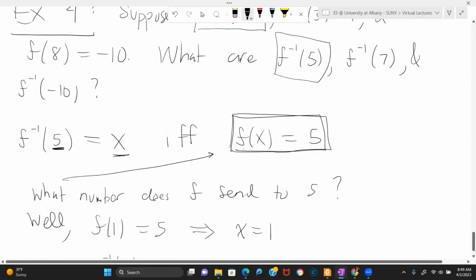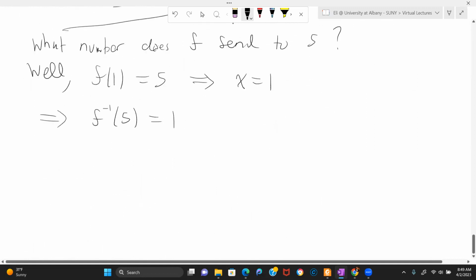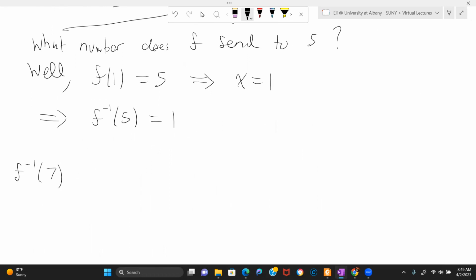Let's do one more. We won't do the other one, but we'll just do f inverse of 7. So f inverse of 7, well, we want to know, what does f inverse do to 7? We don't know what it does at the moment, so let's just call it x. Now, by definition of the inverse, whatever x is, it has to satisfy this equation: f of x is equal to 7.